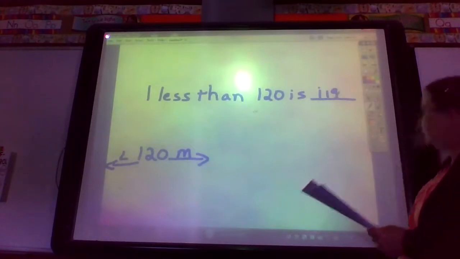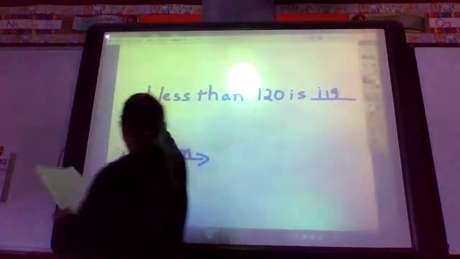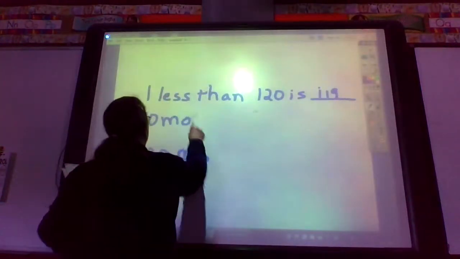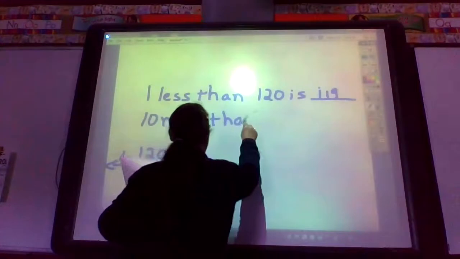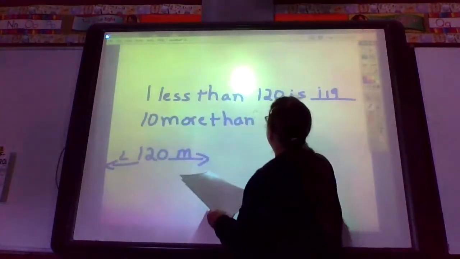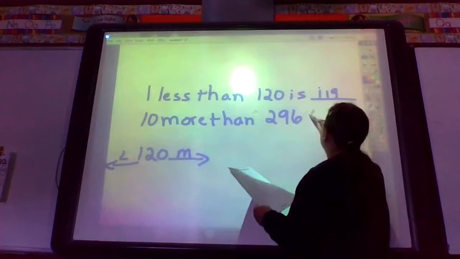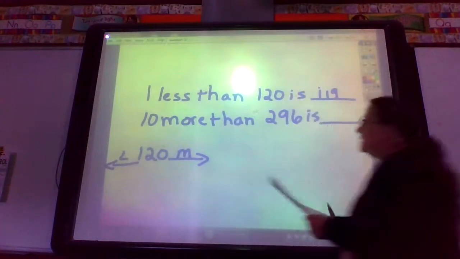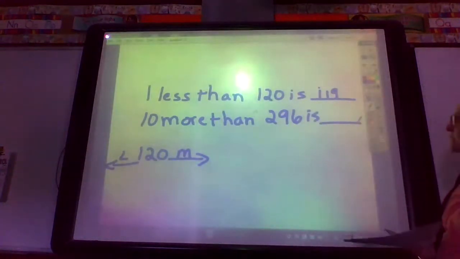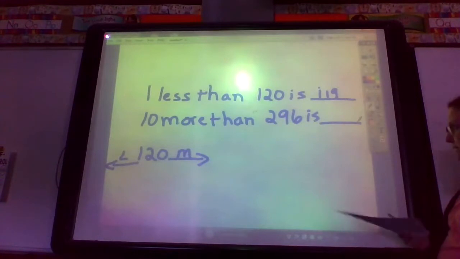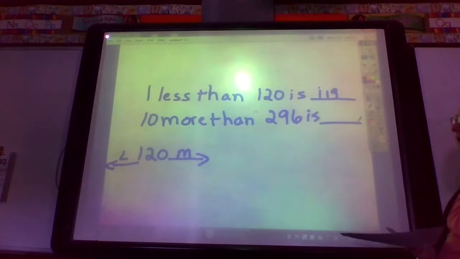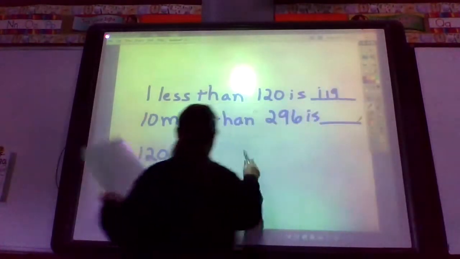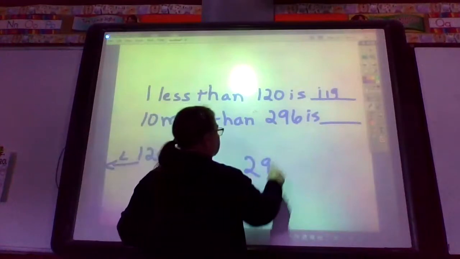And if you don't understand it, that's okay. The next one says 10 more than 296 is blank. This one's a little more complicated, okay? Remember, more gets bigger. So we have 296.